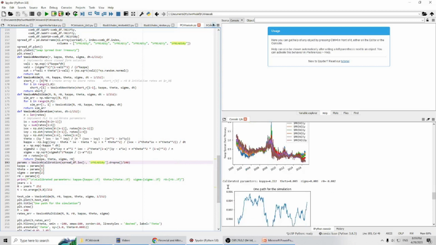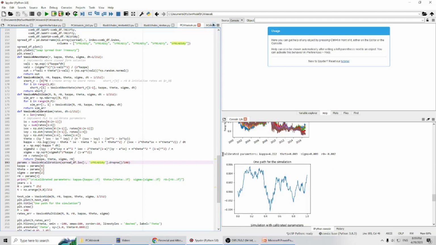And after the calibration, we got the parameters. Kappa is 4.222, theta is 0.003, sigma is 0.009, and R0 is minus 0.002.